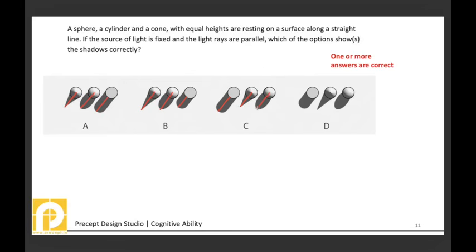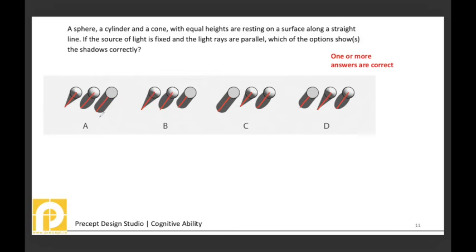Because I have to first identify the height of the object. The length of the shadow is a result of the height of the object at the end of the day. So if the shadow length is the same, it means that the height of the object is the same. And that's what is given to us, that all three objects, sphere, cone, and cylinder, are of equal heights.